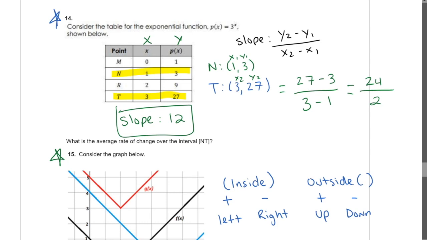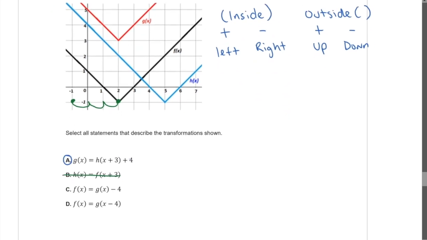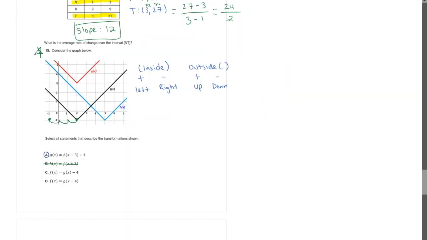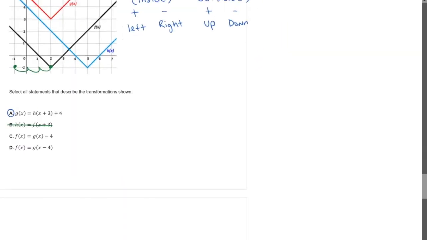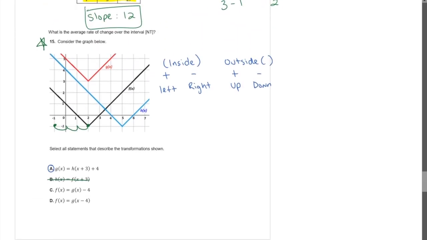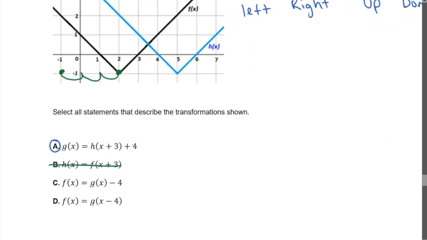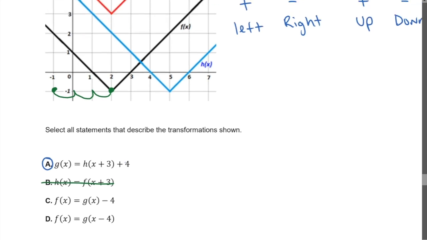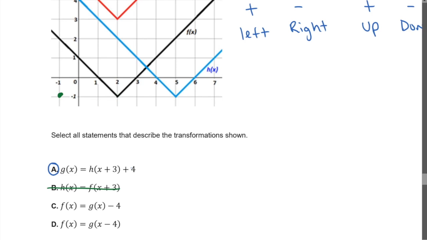Okay. Last one, number 15. Number 15, I wanted you to do C and D. And I gave you a little cheat sheet right here, outside and inside parentheses. So letter C says g of x minus 4, but we're going to start with f of x. So we're going to start with my black line right here, and we're going to always start at the vertex.